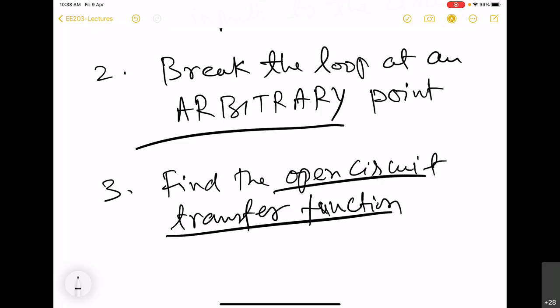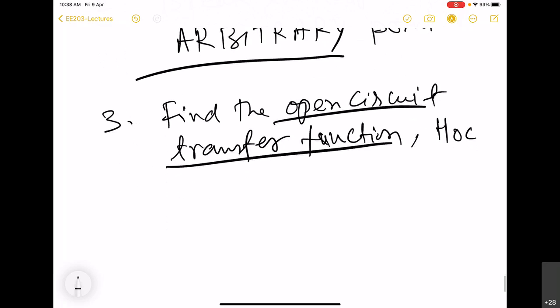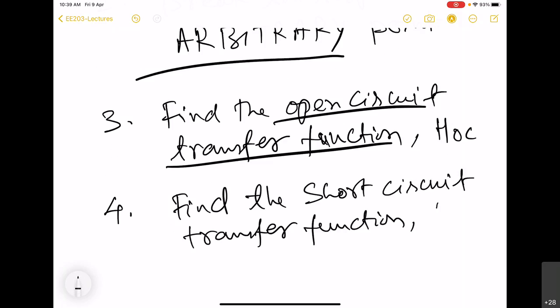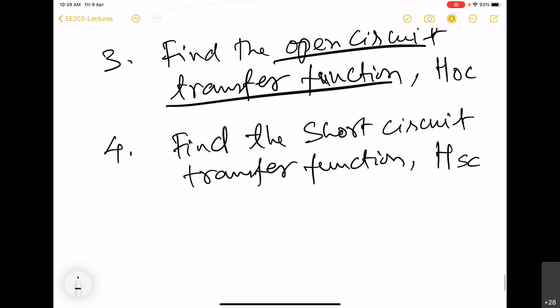So here we will have to find out what is called the open circuit transfer function, HOC, and find a short circuit transfer function, HSC.